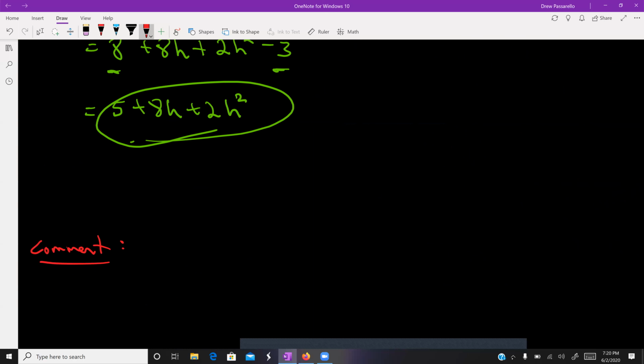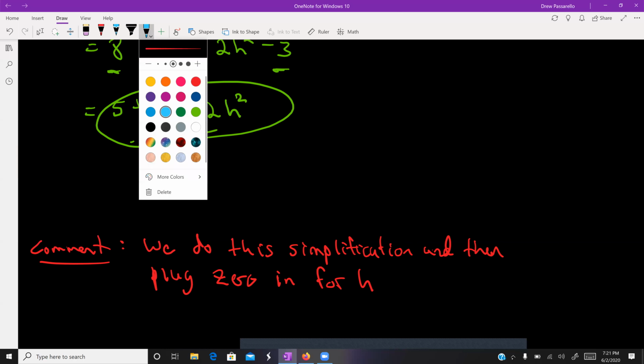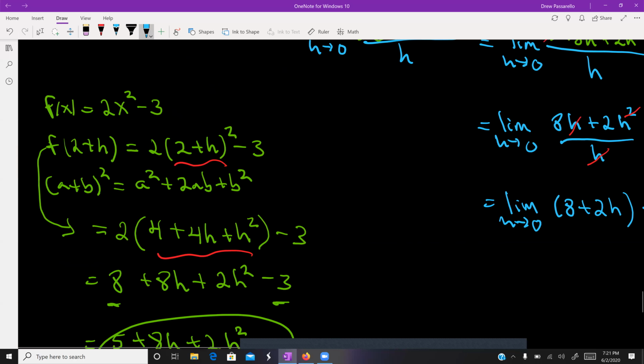We do all this simplification and then plug 0 in for h, and that's because you would have 0 in the denominator at the beginning. So let me write down what we had in the beginning.